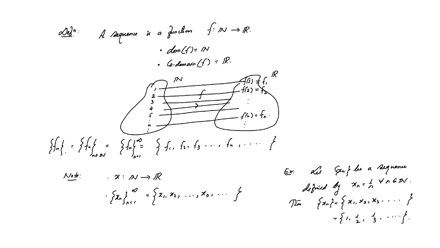Okay. So thus I have given the definition of a sequence and a corresponding example. Now there are many types of sequences that we have seen. One important type is the monotone sequence. So next we will see the monotone sequence.